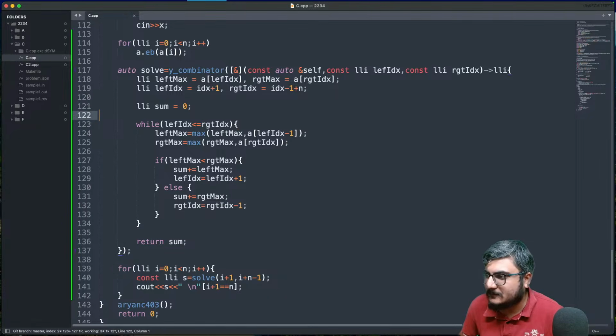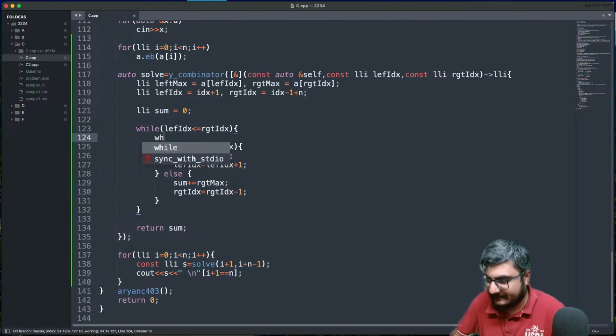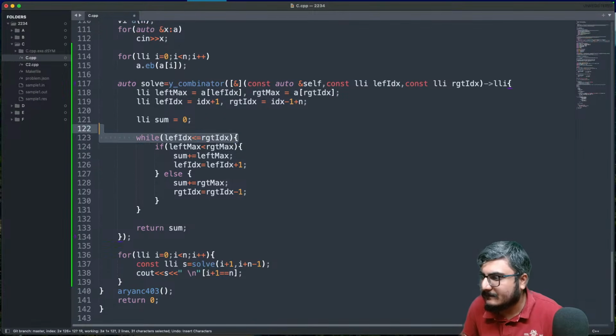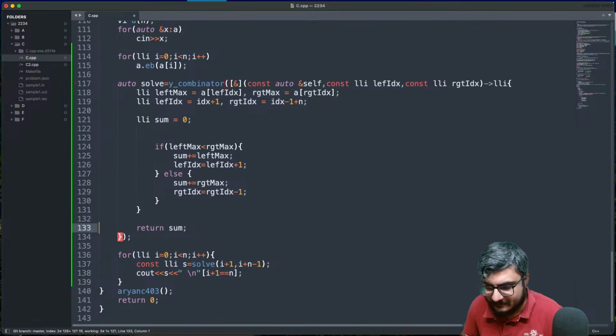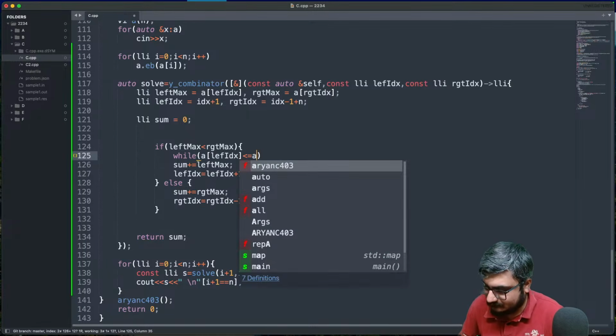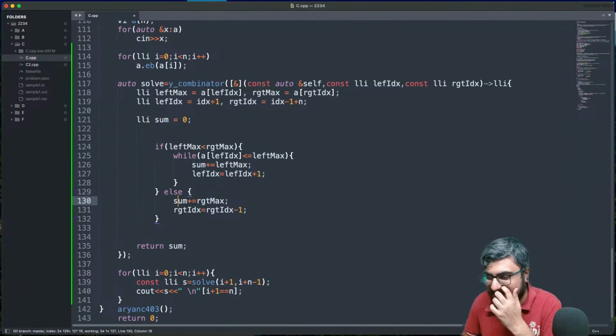Overall, the idea is that instead of taking the maximum again and again, we just run it rather than keep taking the maximum.